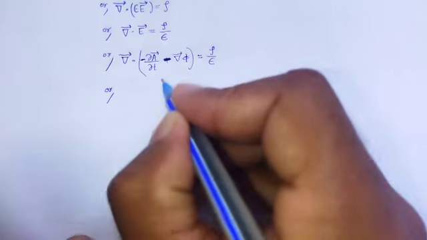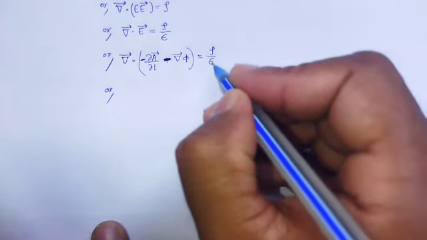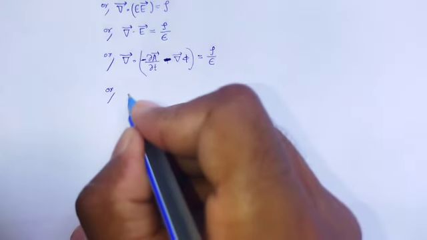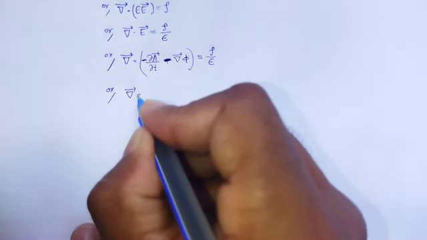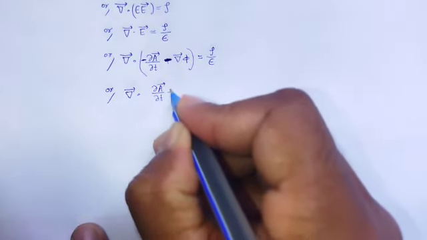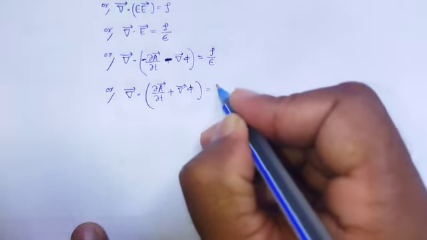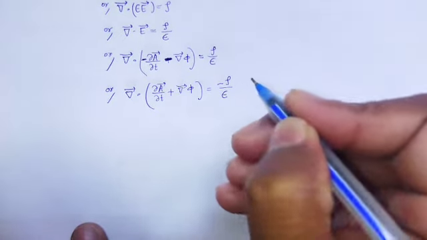Taking the minus sign common to that side, grad dot (del A by del t plus grad phi) is equal to minus rho by epsilon.